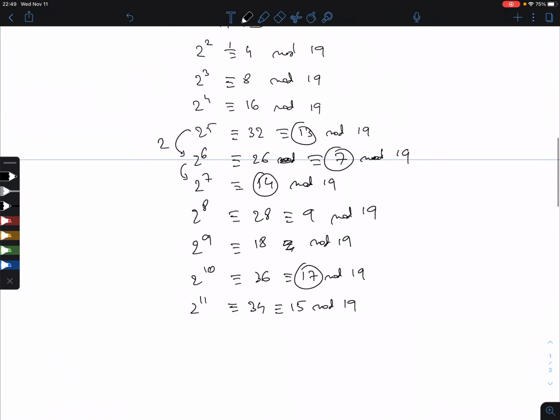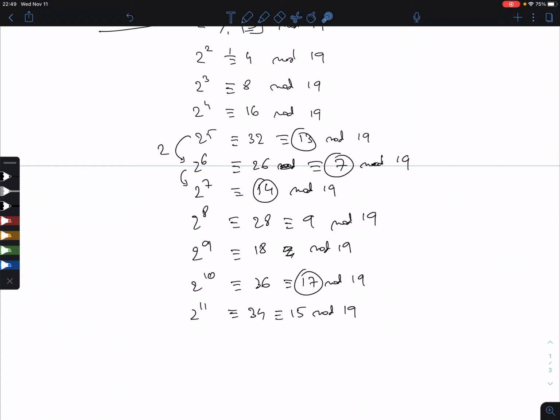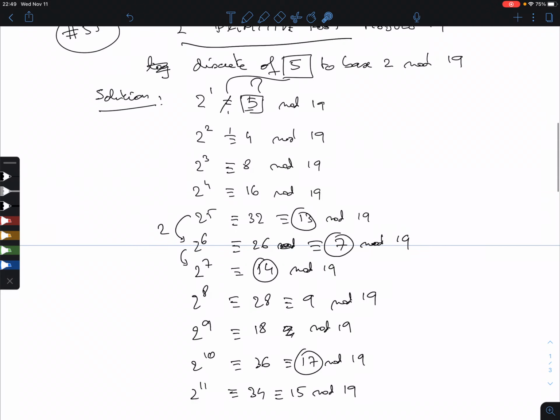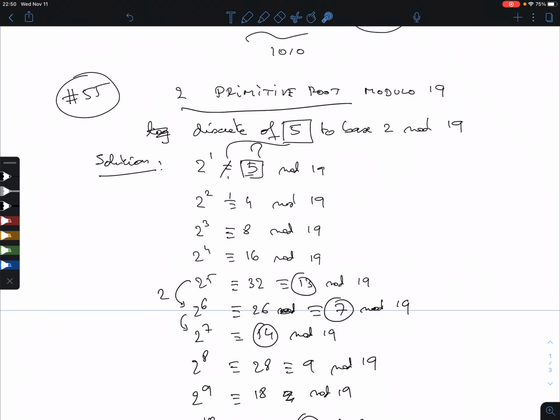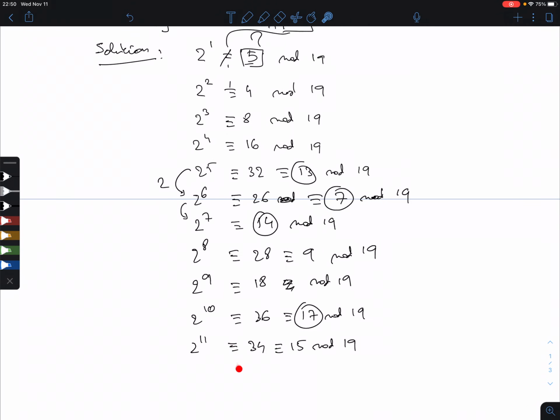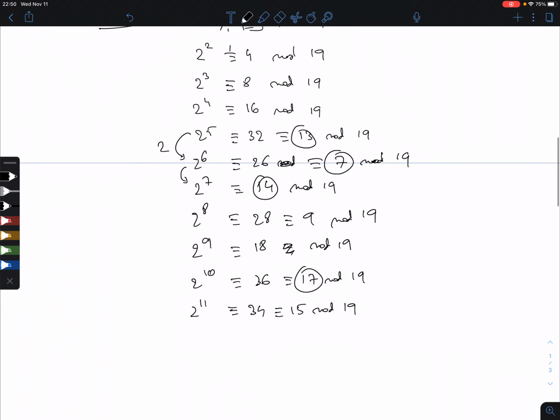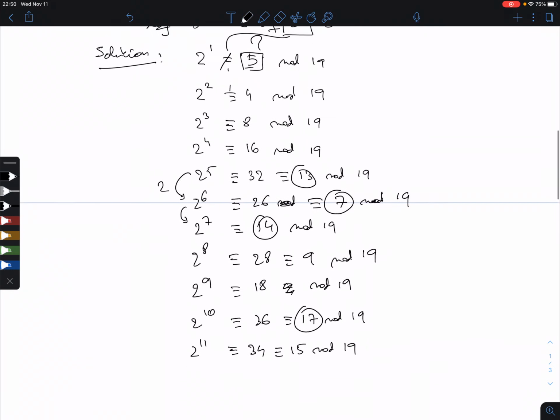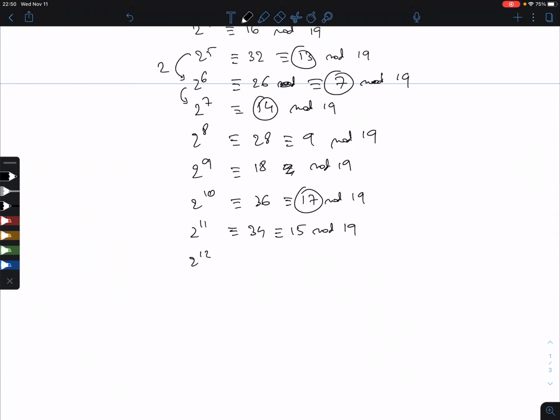We also should keep an eye on whether we have a duplication here, because this is a primitive root modulo 19, so all these powers have to be different. That's how we can see whether we made a mistake, but that's not the case with 2 to the 12.